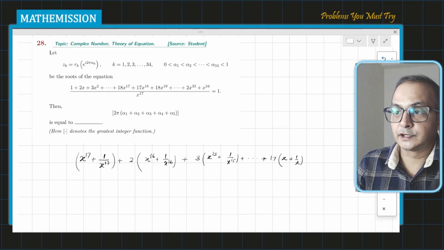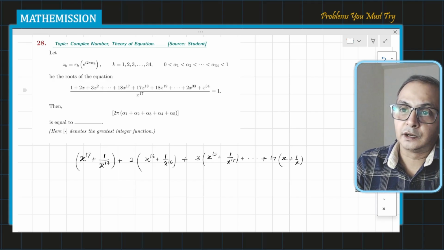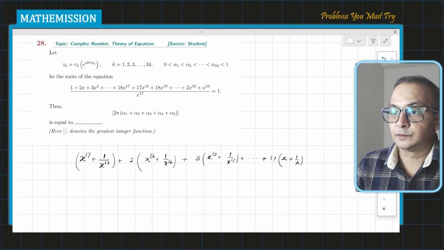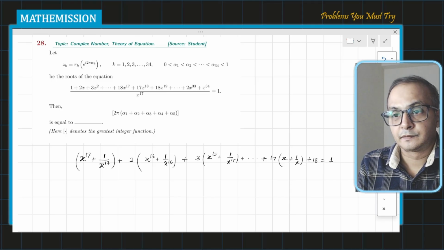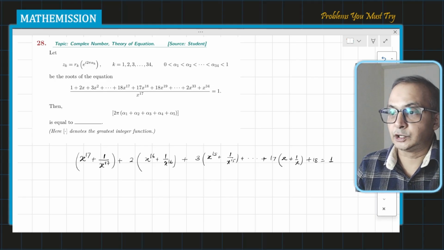Also notice there is only one term which contains 18 here, so when we divide, that term will only be 18, and the right hand side I have 1. The denominator we have already managed, so there is no need to write it.